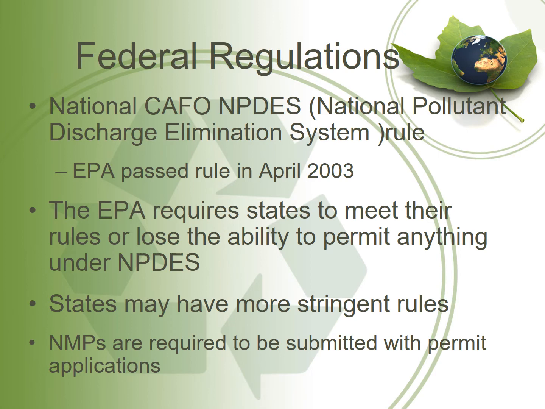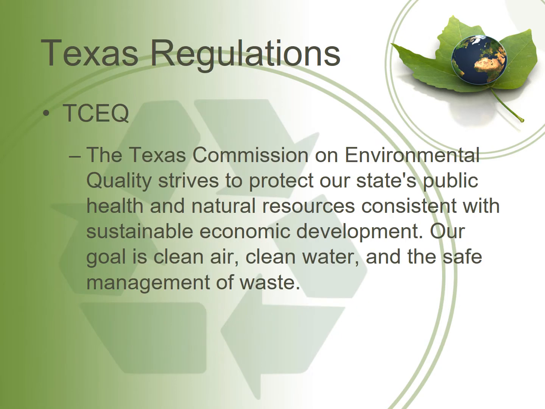When this happens, states may have more stringent rules. So here in Texas, especially where we are in the Bosque River watershed, we have a pretty heavily regulated watershed where the dairy is compared to other watersheds around the country.